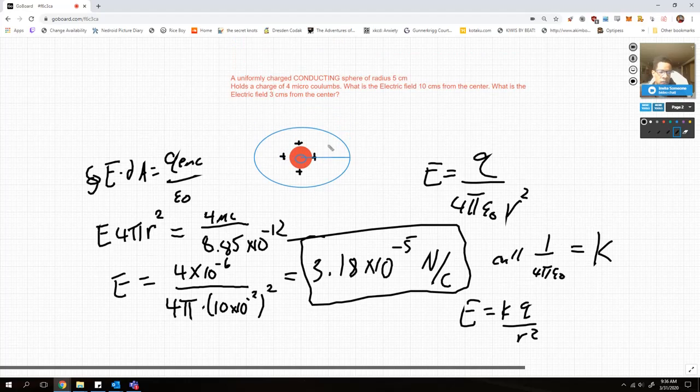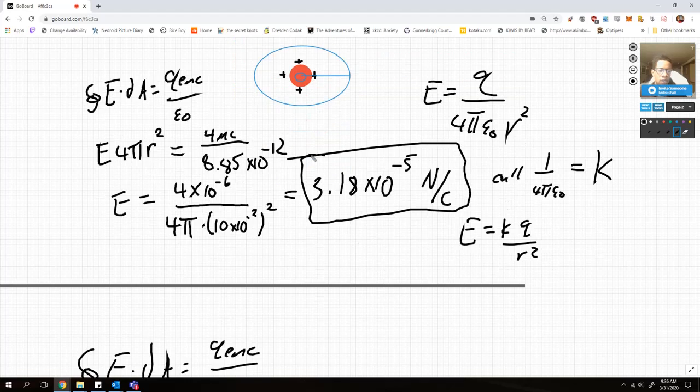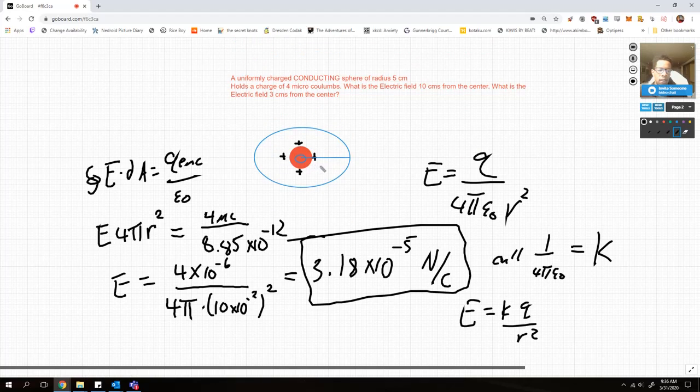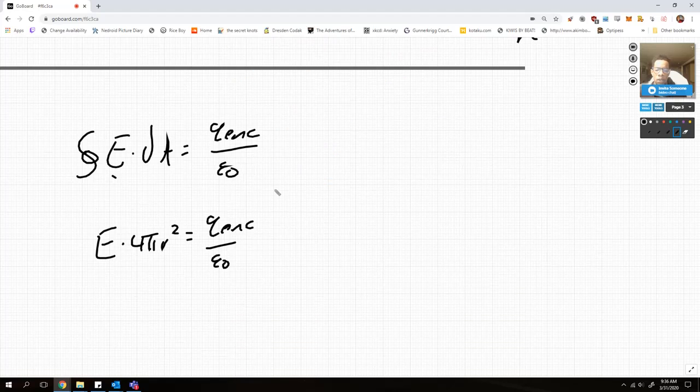My enclosed amount of charge is going to be what? Since I'm on the inside of my sphere and all of my charge is located on the outside because of the logic that I said earlier, that means I haven't enclosed any charge, right? There's no charge that I'm enclosing inside my Gaussian sphere. So that means my charge enclosed goes to 0.